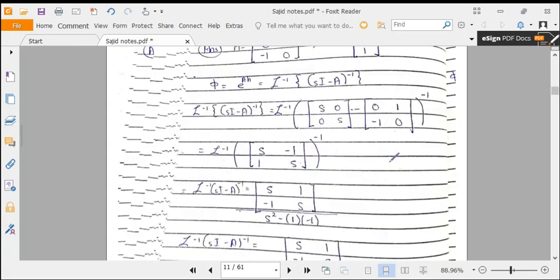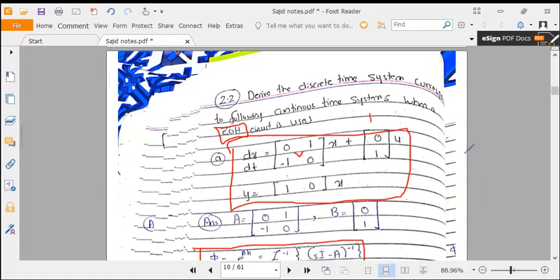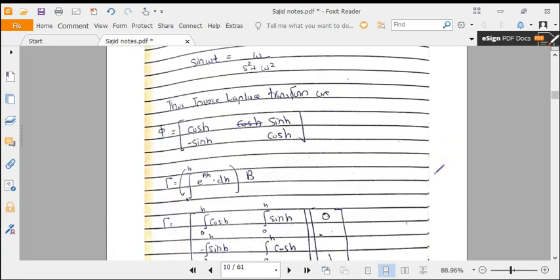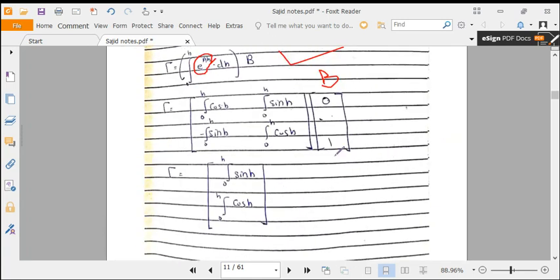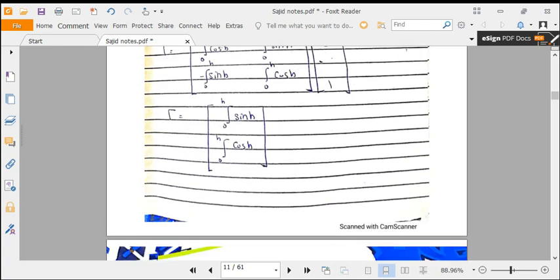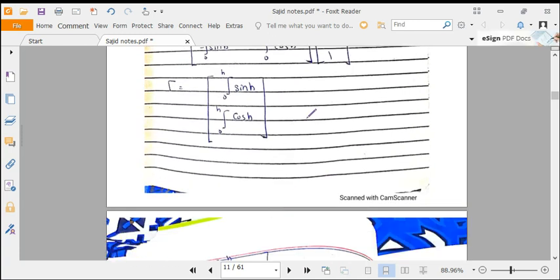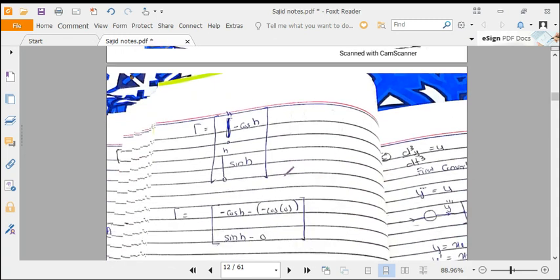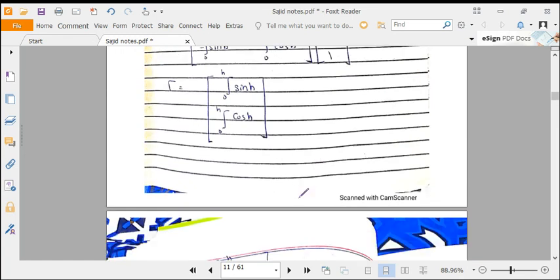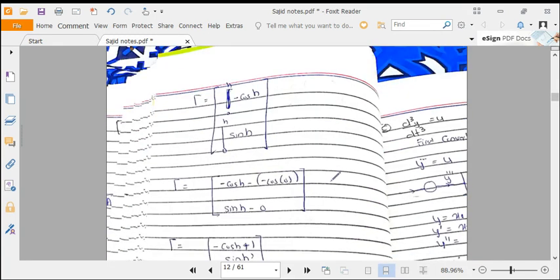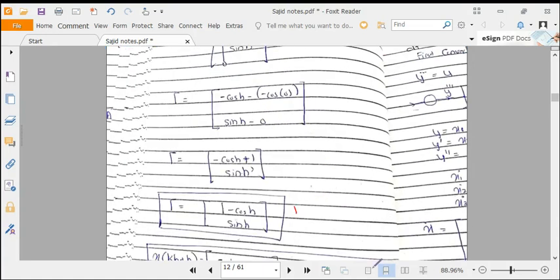After multiplying these two, we get this vector. The integral of sin h would be minus cos h, with limits from 0 to h. Similarly, the integral of cos h would be sin h, with limits from 0 to h. After putting in the limits, we get gamma right here.